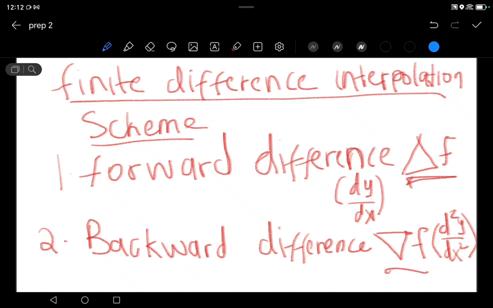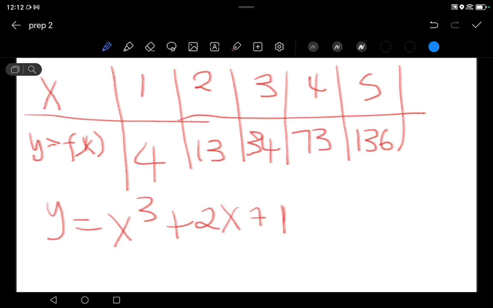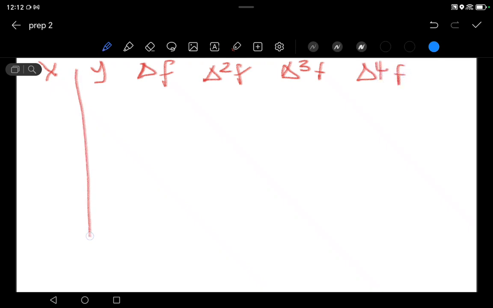Forward faces up, backward faces down. So now we're going to start with the forward one. We're going to have change in f, change in squared f, change in cubed f, change to the power 4 f. This is how our table is going to look.